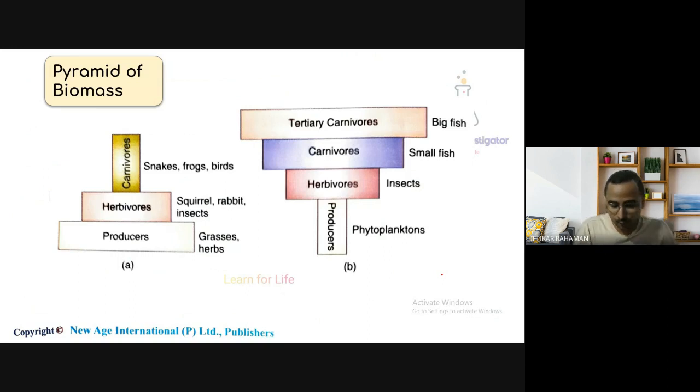Then pyramid of biomass. We will see in our next class what biomass is and how it is forming.